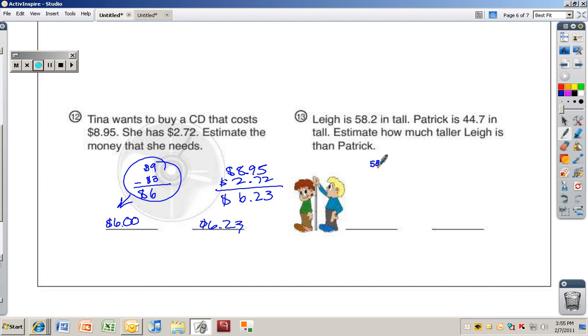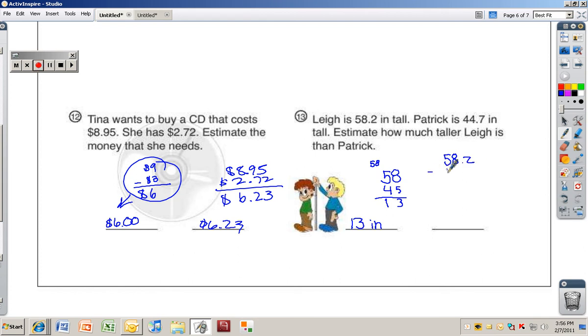I think I should make that bigger. 58. Okay, 44.7. Want to make that 45. And 13. How much taller is it? 13 inches.